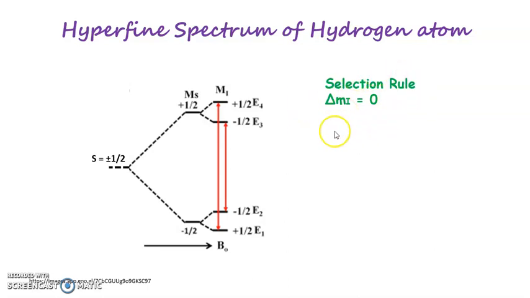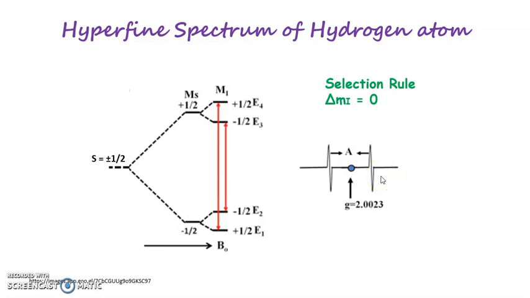This selection rule may be interpreted by saying that the nuclear motion is much slower than electronic motion, so that during the time the electron changes its spin orientation, the nucleus, being heavier, has no time to reorient its spin, so that delta Mi is equal to 0. So the spectrum will contain 2 lines with intensity ratio 1:1, that is, a doublet.